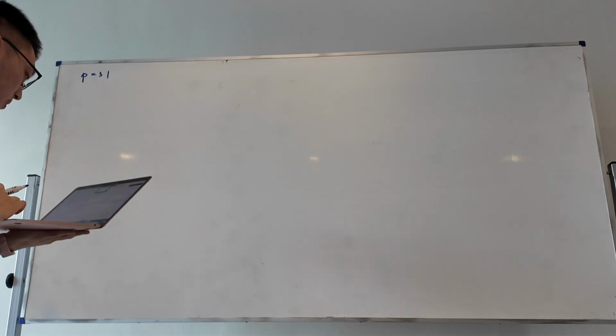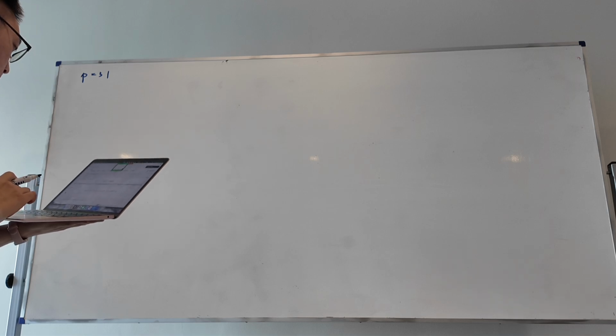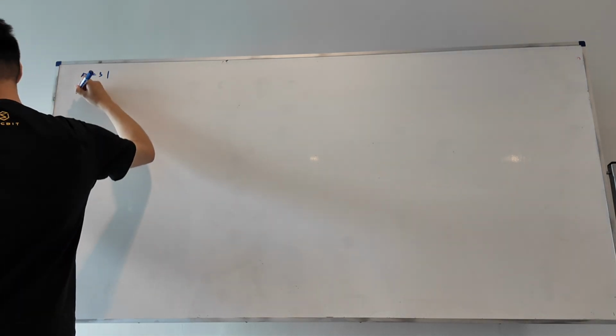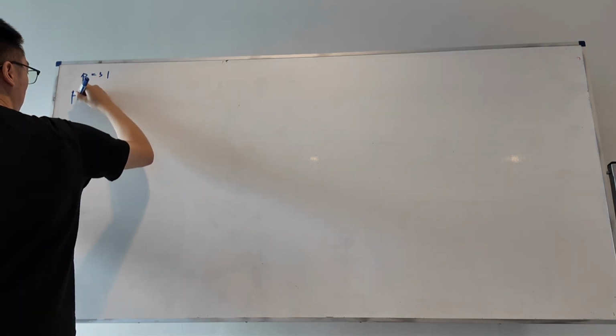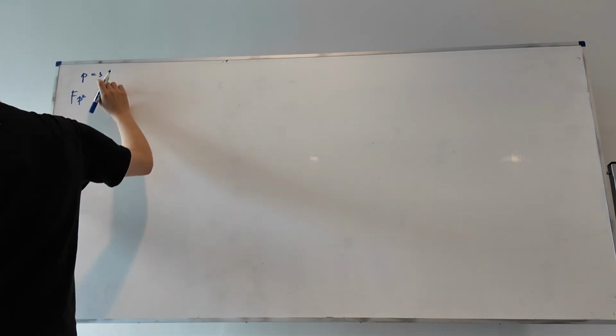So we have to understand that we choose, actually, the group is Fp squared, and p equals 31.